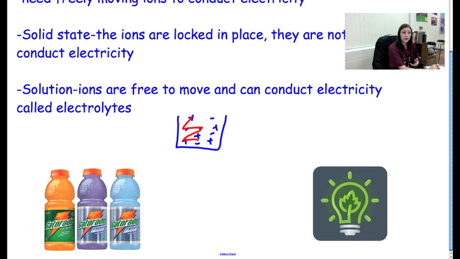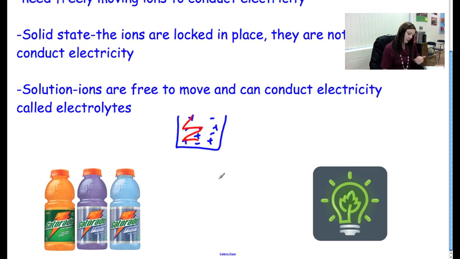And that is why you don't really want to go outside on a rainy day with a downed power line right next to you. Water is a very, very good conductor of electricity, especially when it has those salts or those ionic compounds. Ionic compounds are also called salts, which is why NaCl is called table salt.